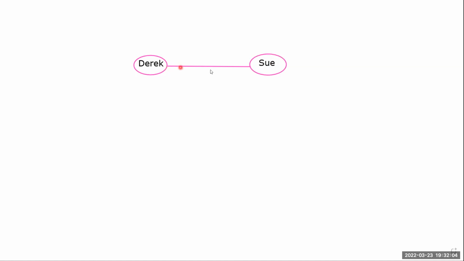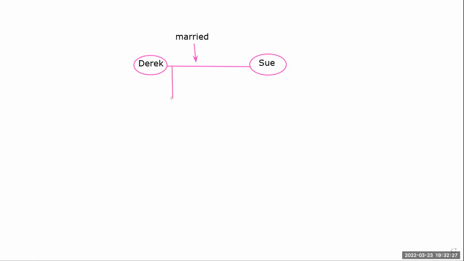This line here, the straight line that connects them, means that they are married. So Derek and Sue are married, and together they had, let's say, 3 kids.